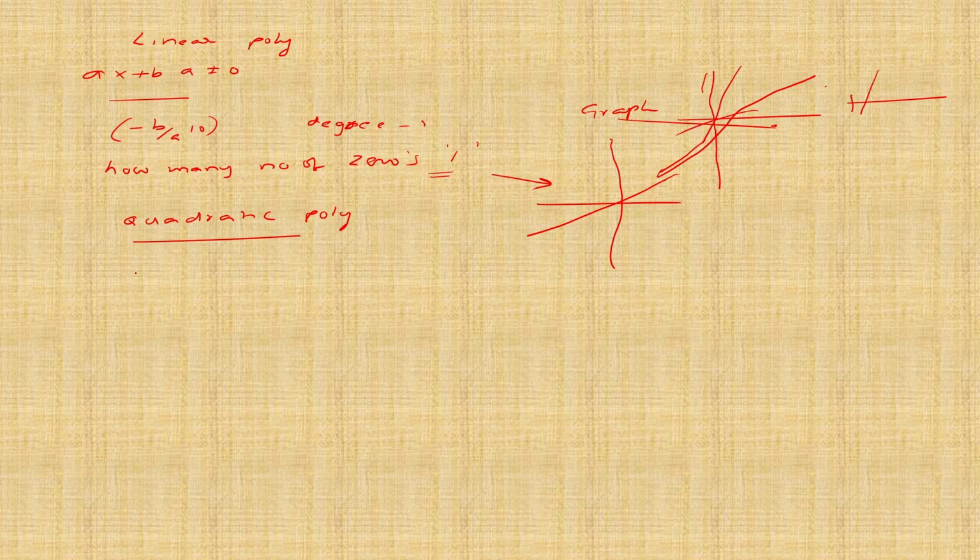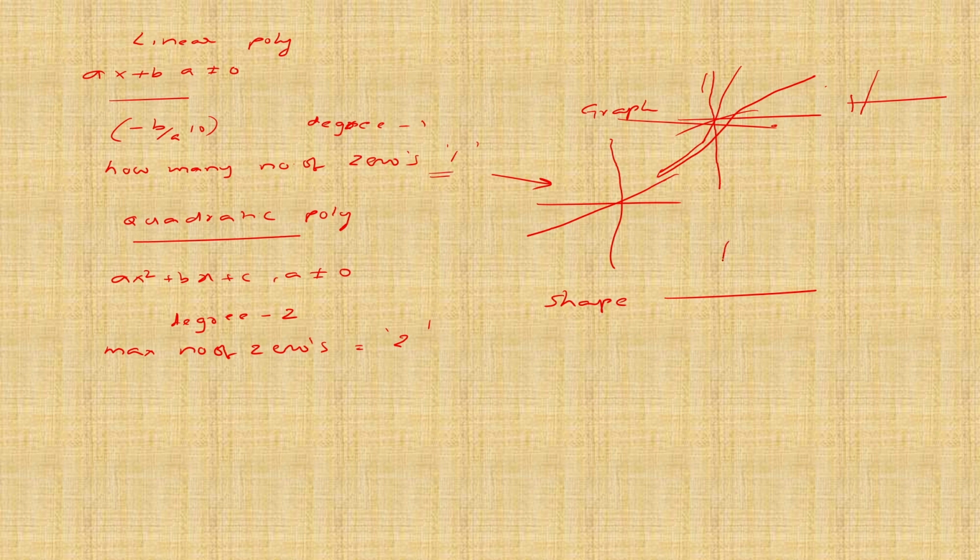For a quadratic polynomial, what is the general expression? ax square plus bx plus c, where a is not equal to 0. What is the degree of the polynomial? 2. So the maximum number of zeros is 2. What is the shape of the graph?